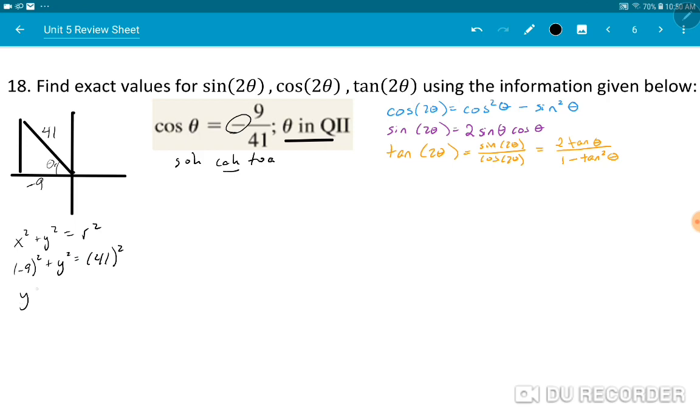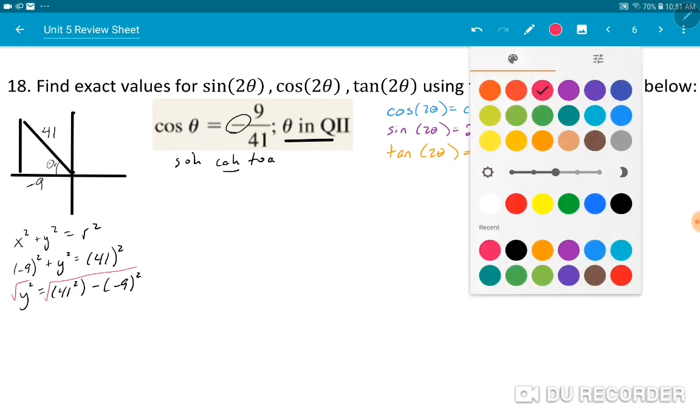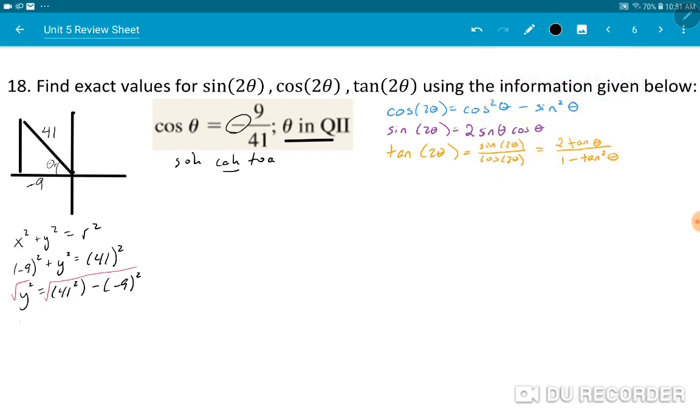So y squared equals 41 squared minus negative 9 squared, and if I take the square root of both sides, I'll get my answer for y. That's a plus or a minus, but I know it's going to be a plus since we're in quadrant 2.